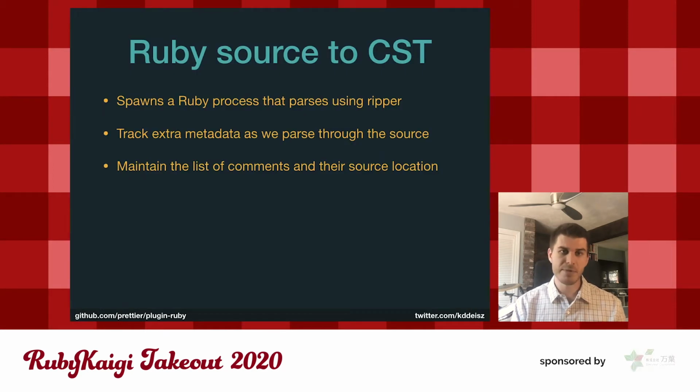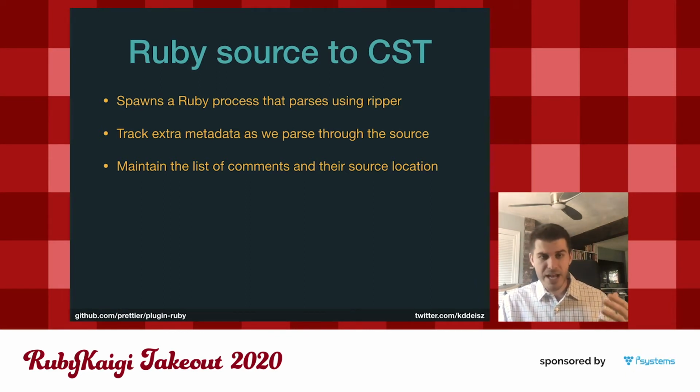The first step, as I mentioned, is converting the Ruby source into a concrete syntax tree. And what that means is we're going to spawn a process that runs Ruby. Remember, this is a JavaScript package, so we're spawning a Ruby process separately that's going to be acting as our parser. And we're going to run it through Ripper, a standard library package that will give us the syntax tree.